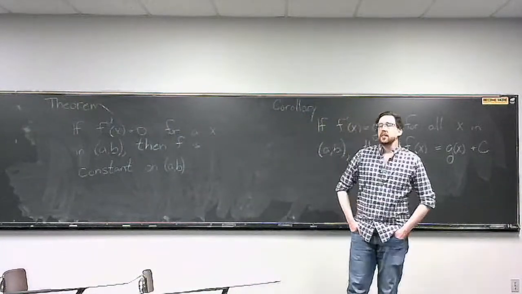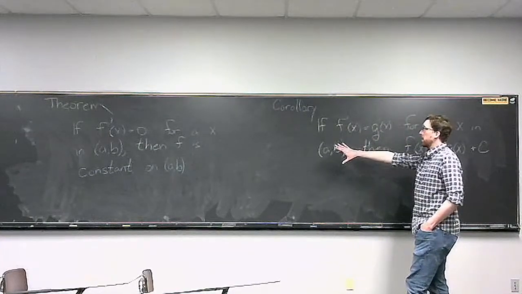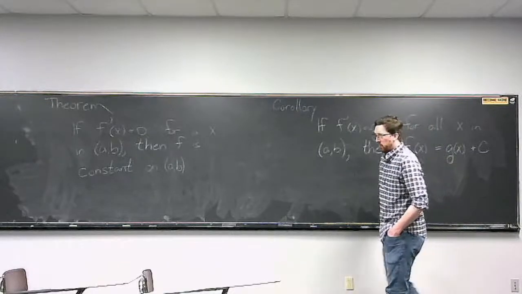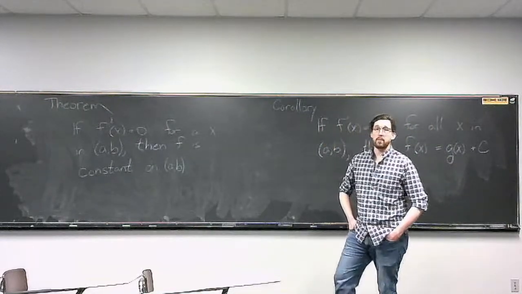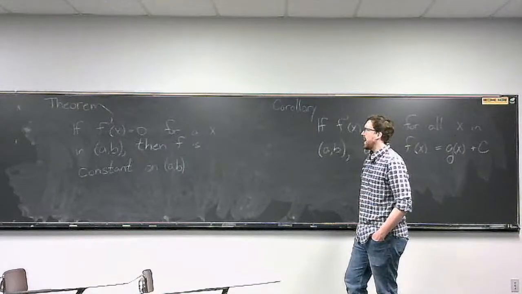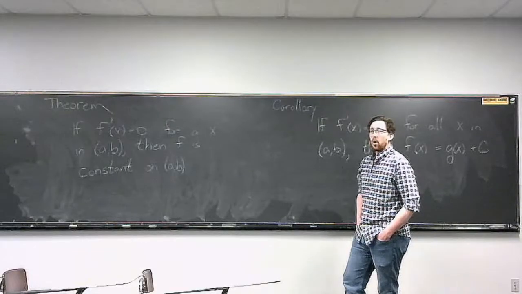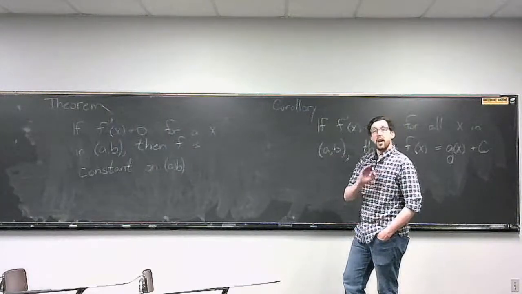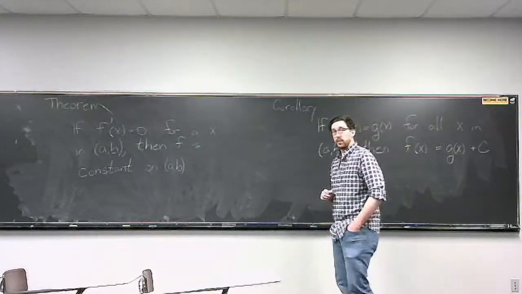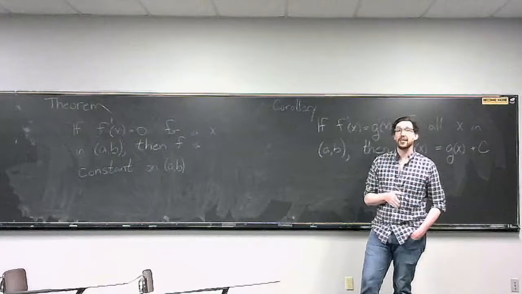Having said that, this example in the notes that comes right after the slide on this theorem and this corollary is an example of a function whose derivative is equal to 0 everywhere except where x is equal to 0. But the function itself is not constant.